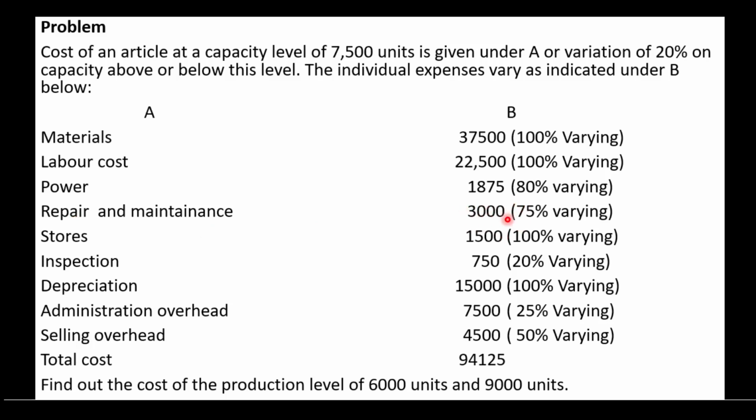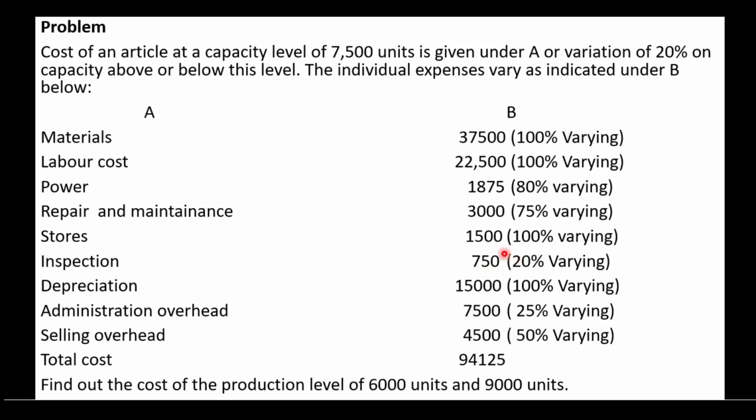From this 3,000 amount, the 75% is varying and the remaining 25% is treated as fixed. In stores, from the store amount 1,500, the 100% is varying. Here there is no fixed. Then inspection.